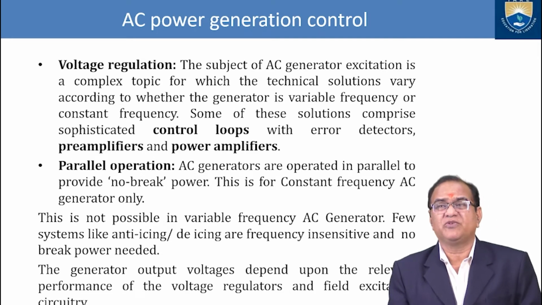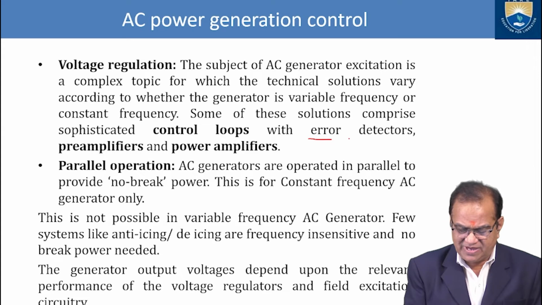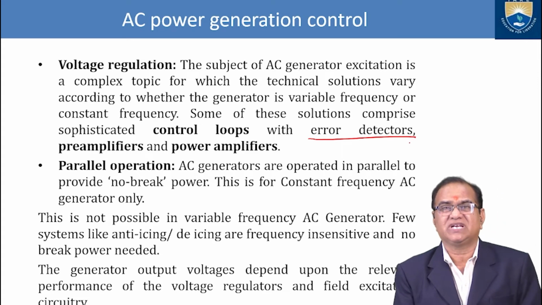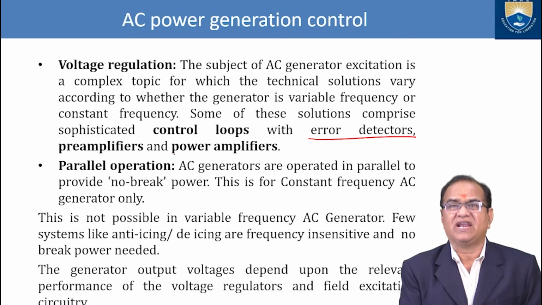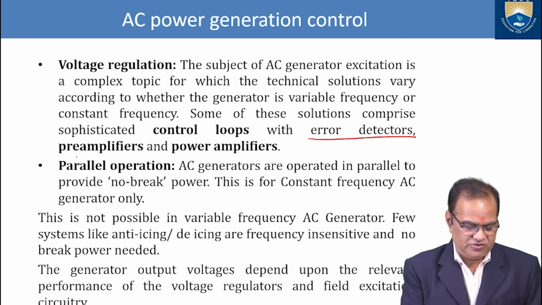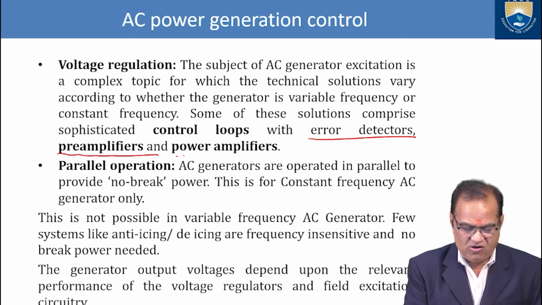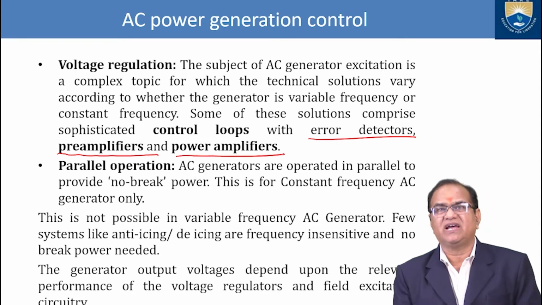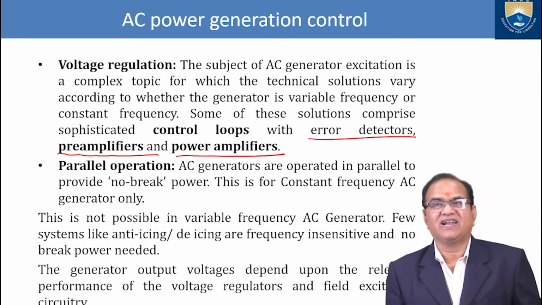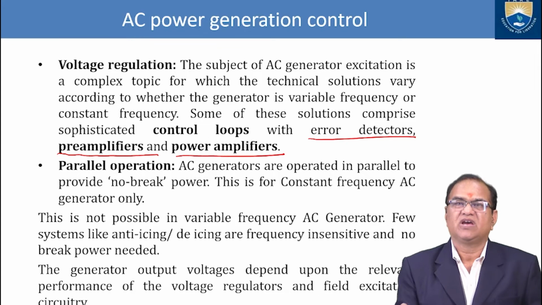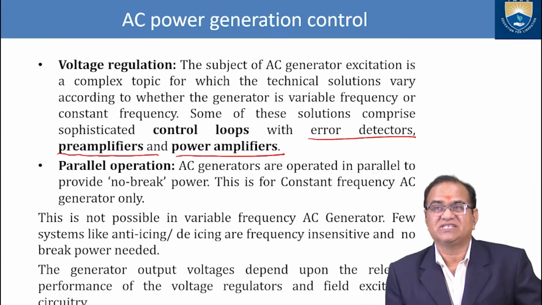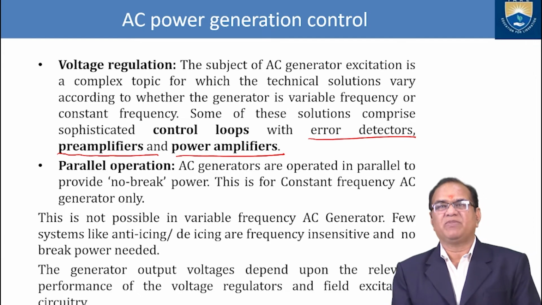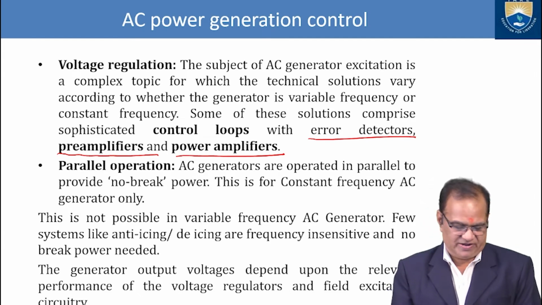So we should have an error detector that is able to detect the error, then a preamplifier and a power amplifier. So these are the voltage regulation. It is not like a resistor. In this, we should have some more advanced systems, that is, the error detectors, preamplifier, and the power amplifier.